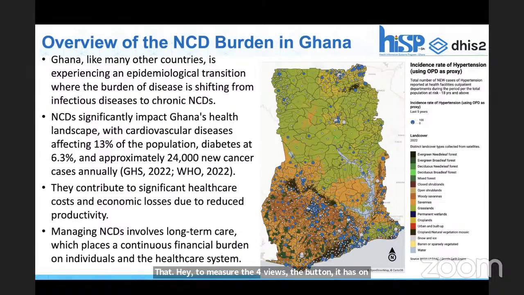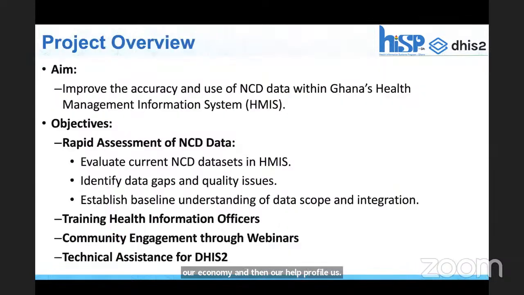When it comes to the project, what we aim to do was to improve the accuracy and use of NCD data within Ghana's health information management system. As objectives, we did a rapid assessment of NCD data that is available routinely in Ghana.